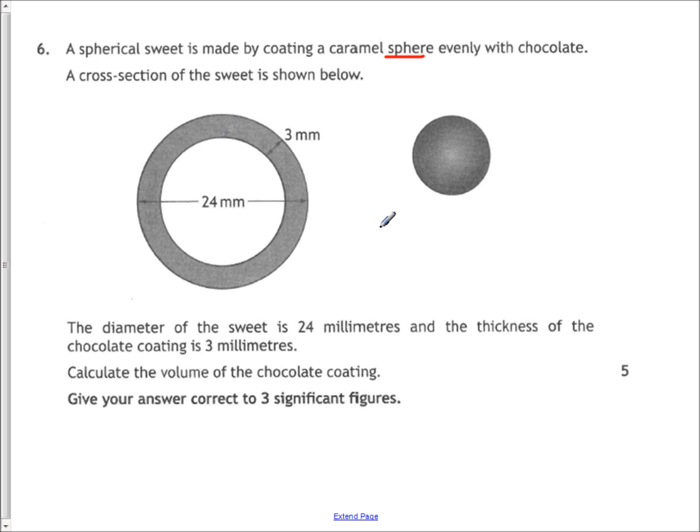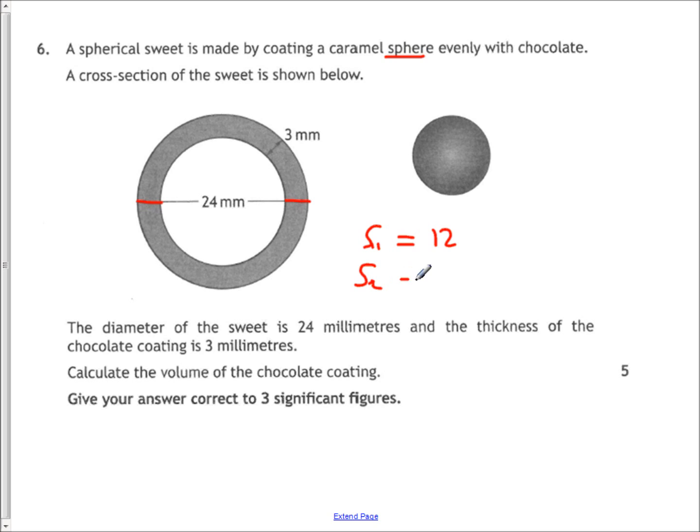The large sphere, if we call it sphere 1, it's going to have a radius of half of 24, which will be 12. The small sphere, if we take 6 away from each side, it's going to be 18. So the white bit is 18 millimeters wide. So half of that is 9. So we call that sphere 2.